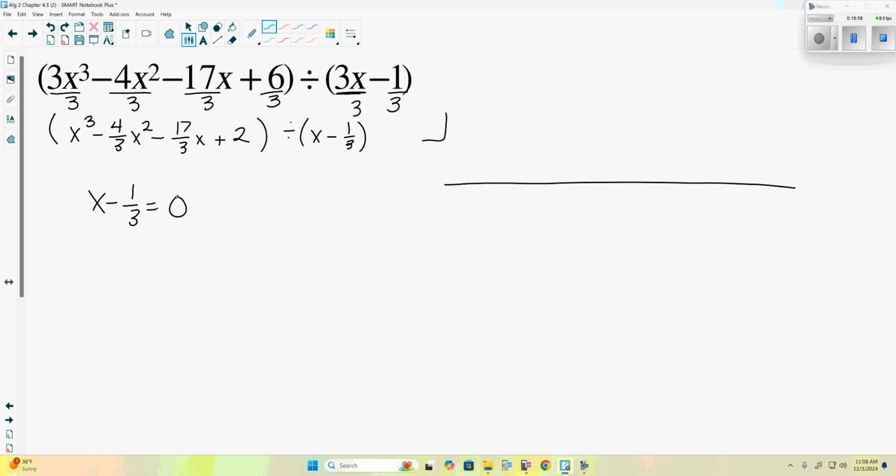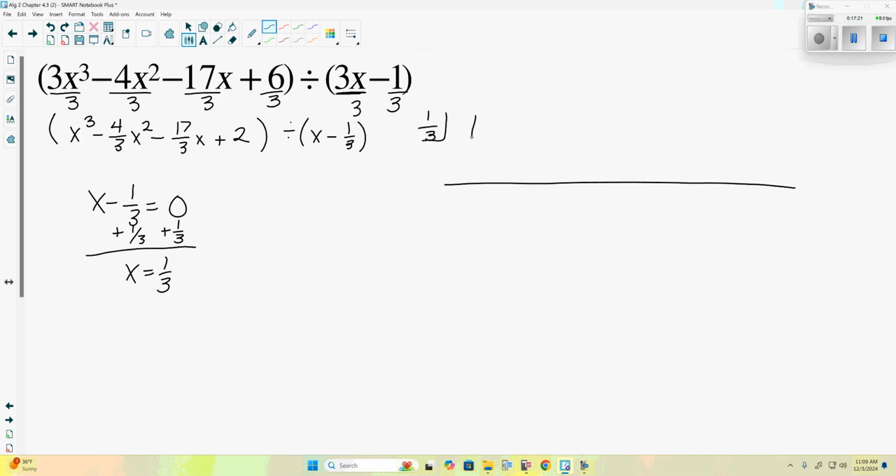And solve for x. So here we would add 1/3 to both sides, telling us x is 1/3, and 1/3 goes into cubby. Numbers across the top.